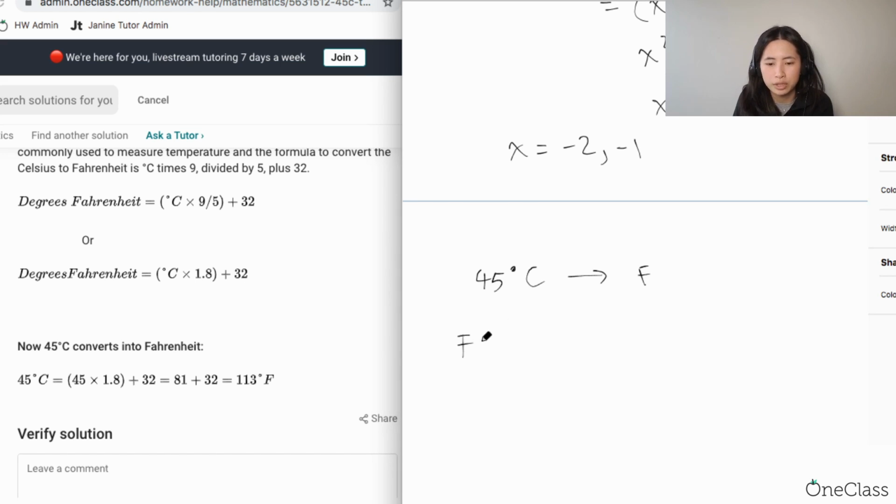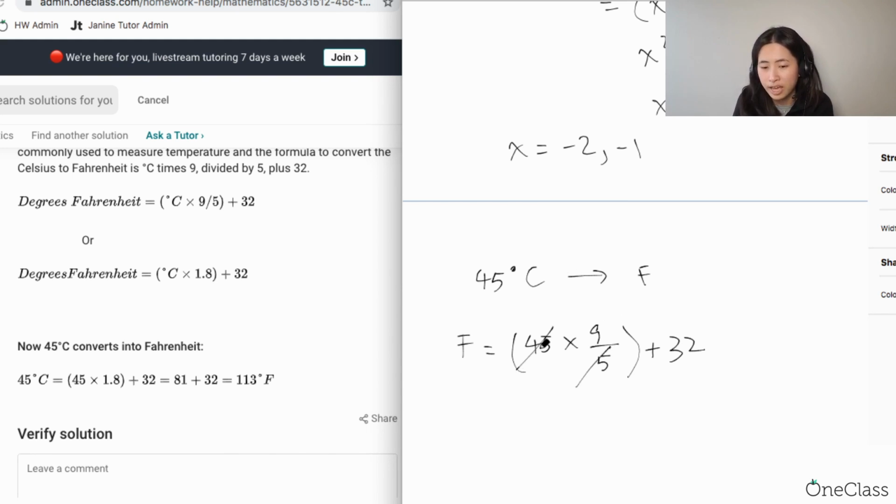So according to the formula, you have Fahrenheit, which is equal to 45 degrees Celsius. Let me just drop the units for a second, and then you have 9 over 5, and this is basically plus 32. So as you can see, you need to multiply 45 times 9 over 5.